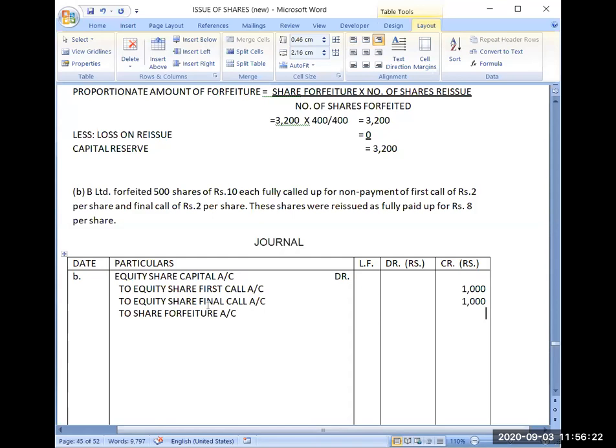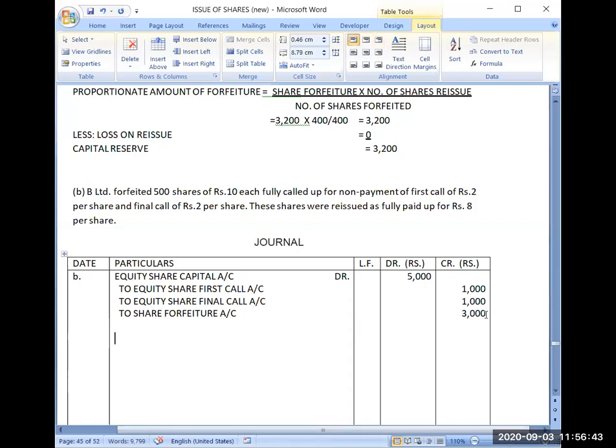Yes, very good. So 6 multiplied by 500, it will become 3,000. And because the share is fully called up, so 500 multiplied by 10, it will become 5,000. Now we can match our amounts. These will be equal. Now the entry for forfeiture has been done.